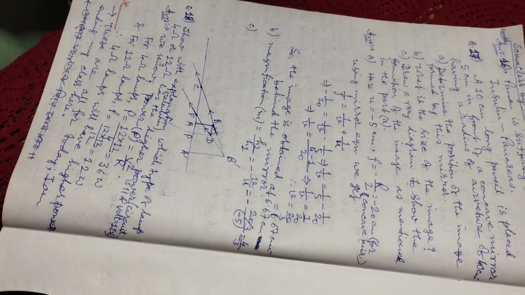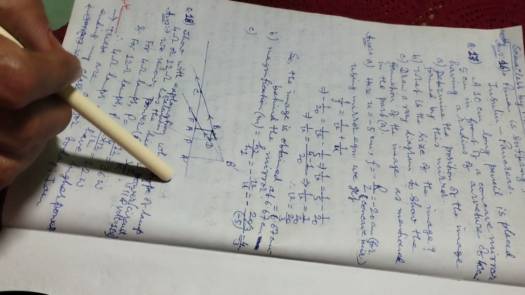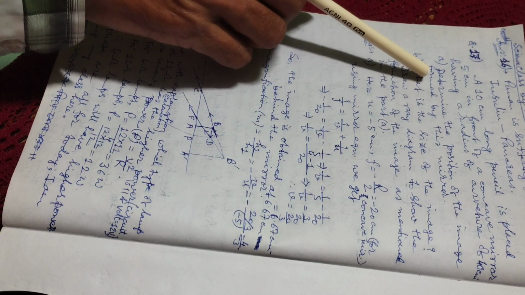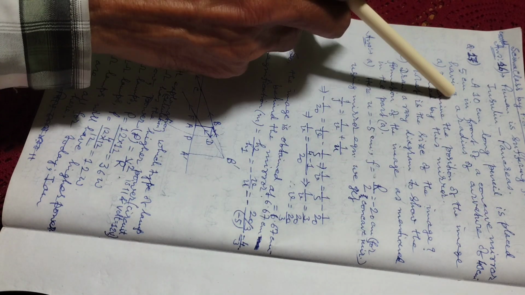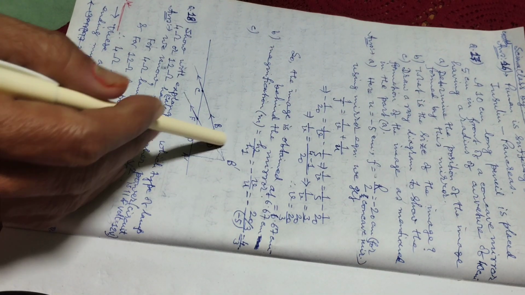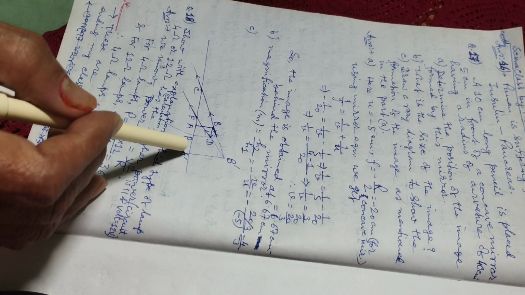Okay, this is the image. This is the principal axis, and what was written? A 10 centimeter long pencil is placed 5 centimeter in front of a concave mirror. This is the concave mirror.